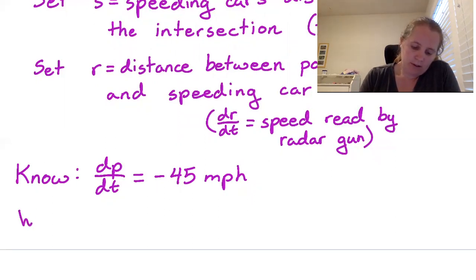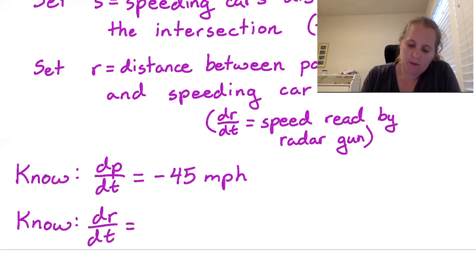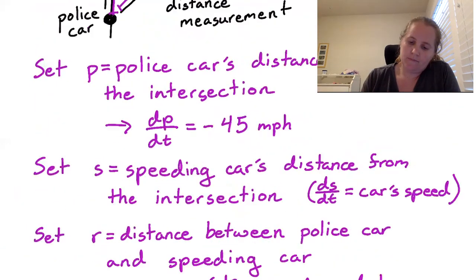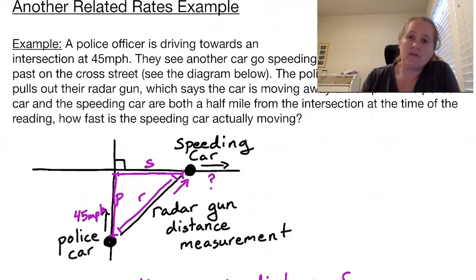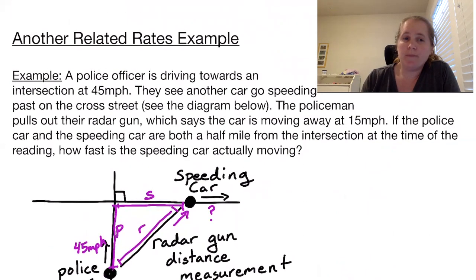Then we know that the rate of change read by the radar gun, dR/dt, the radar gun read 15 miles per hour when both cars were a half mile from the intersection.